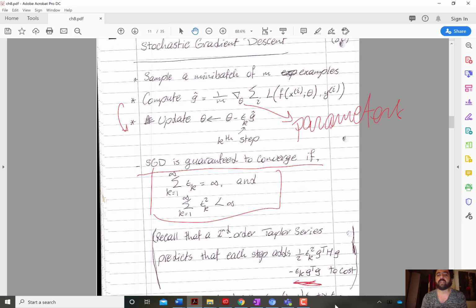So meaning the learning rate itself has to remain significant, but the square of the learning rate has to vanish, right? So the intuition is that if you have this condition, then epsilon k squared will be very small, so that you will not add new terms to the cost, but rather you would subtract terms from the cost, and that's why the cost becomes minimized and SGD has a convergence guarantee whenever these two conditions exist.